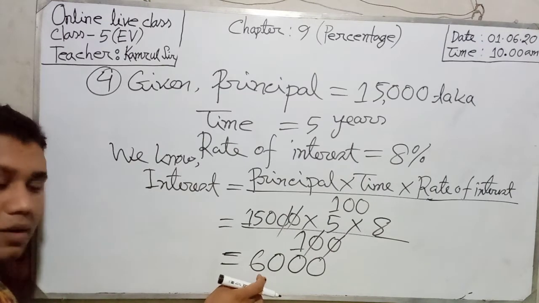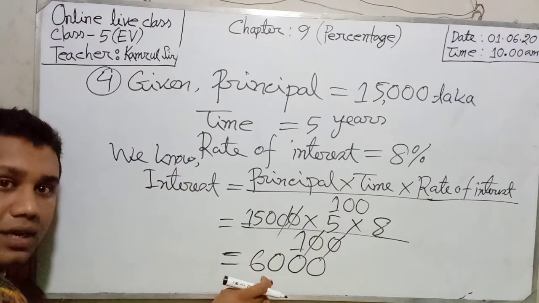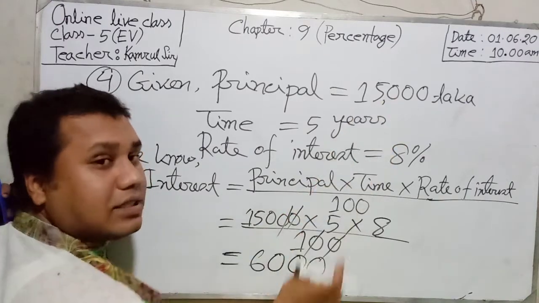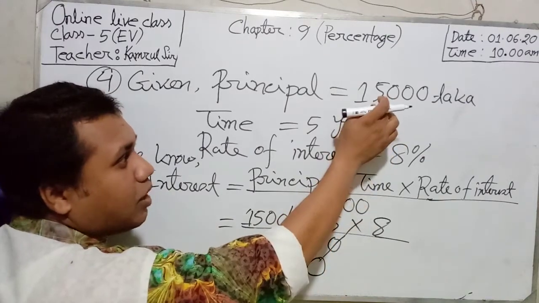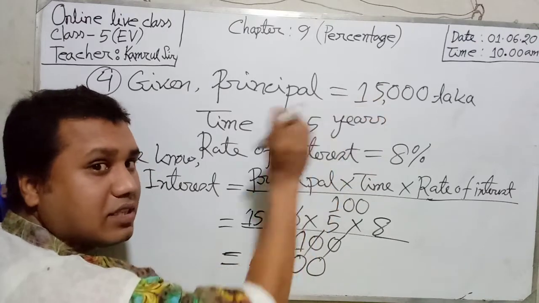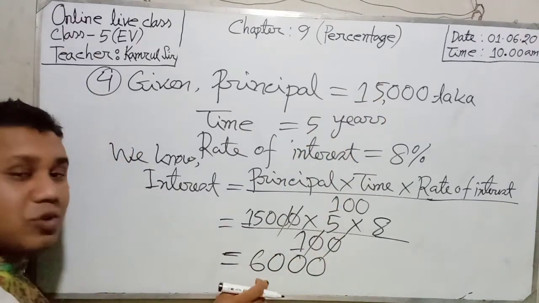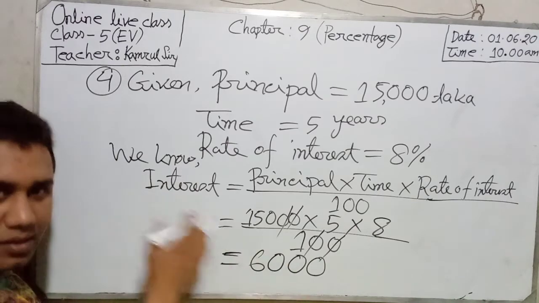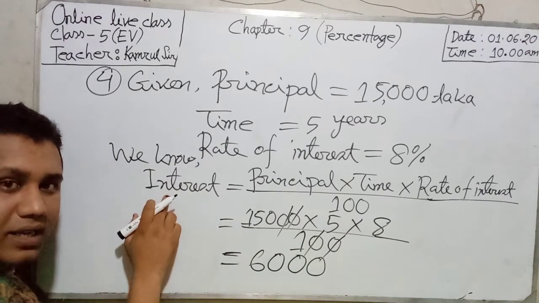Now you have to give this 6,000 taka and also 15,000 taka. Why? Because 15,000 taka is our borrowed money. So you have to give 15,000 taka. This must be done. And also you have to give this 6,000 taka as extra money, because this is interest for the bank. Clear?